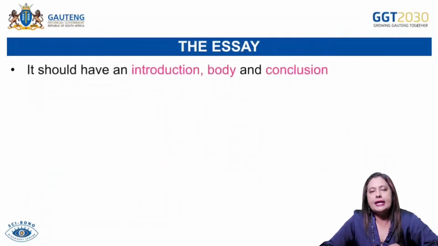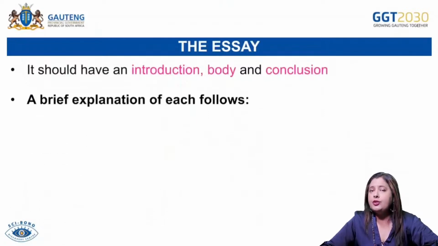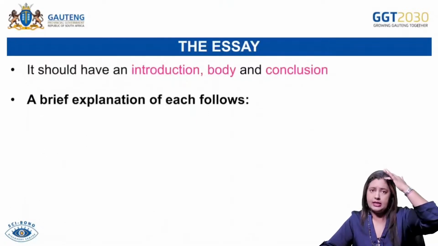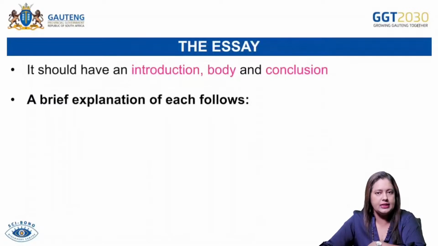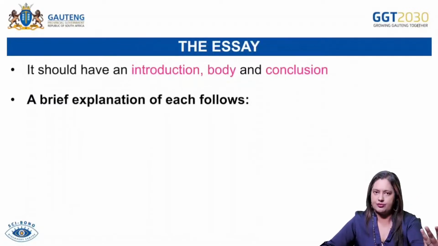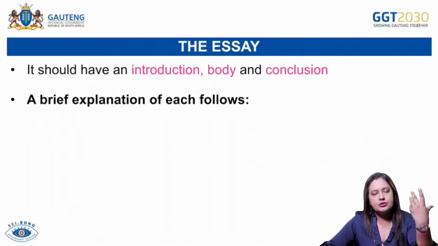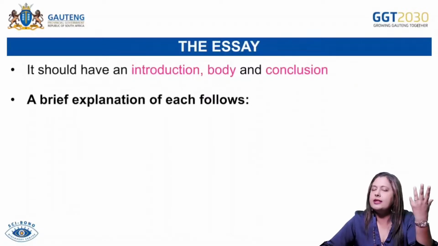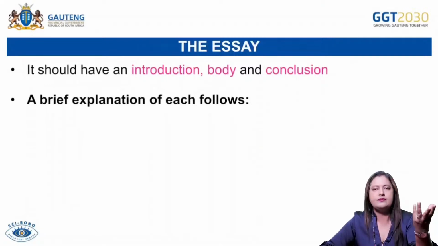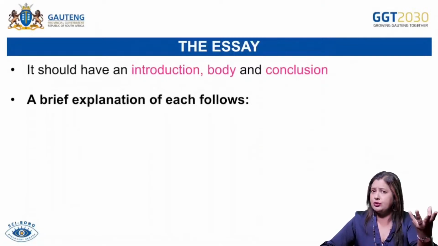So every single essay you're working with must have an introduction, a body, and a conclusion. Like you as a human being, you have a head, your body, and your feet, all right? That is how we are going to try and make sense of this. If you had to look at a human being, can they operate as well as they should if any of those things don't function?